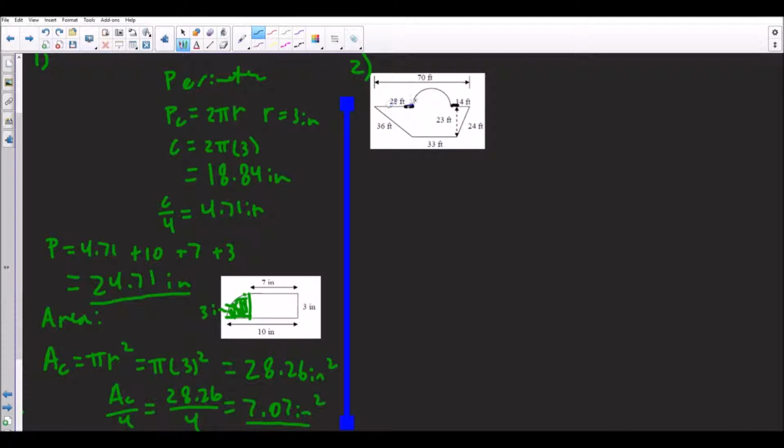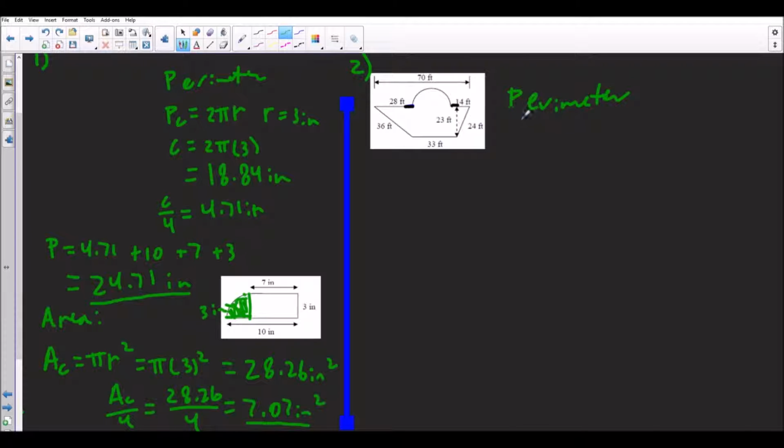So on this side is 28 feet, on this side is 14 feet, and we don't know anything about the circle quite yet. So what do we have here? We have a couple shapes, and I think we have a trapezoid and then half of a circle. And that's cool because we know how to find the perimeter and the area of both of those things. So first let's do the perimeter.